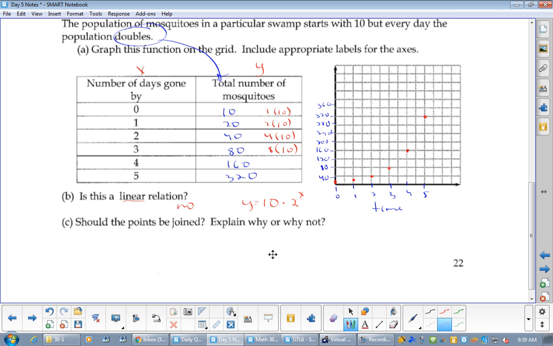Oh. So you meant opposite to what you said. Okay. So if I put in 3 here, what's 2 cubed? 8 times 10? 80. Right? So this is what we call an exponential. Right? This is going up exponentially.